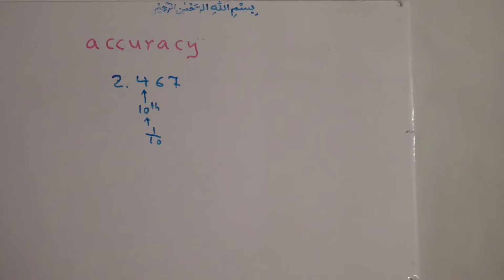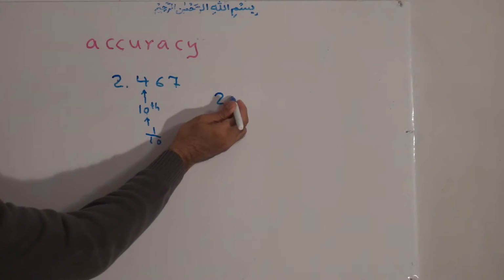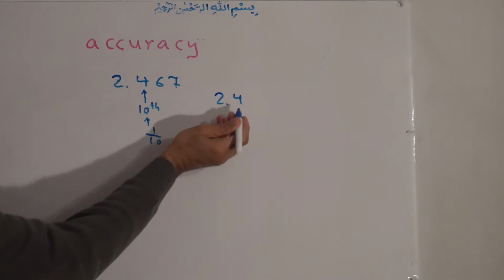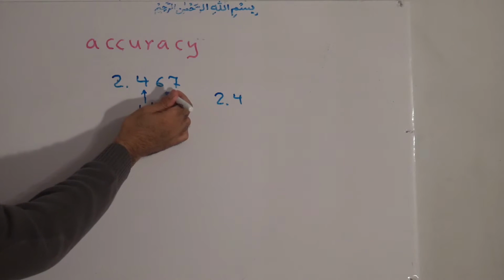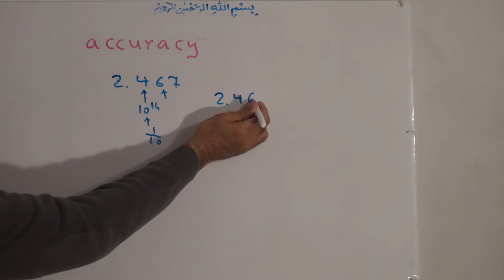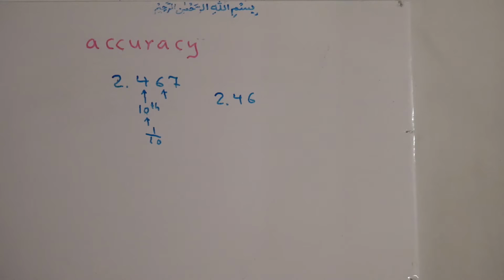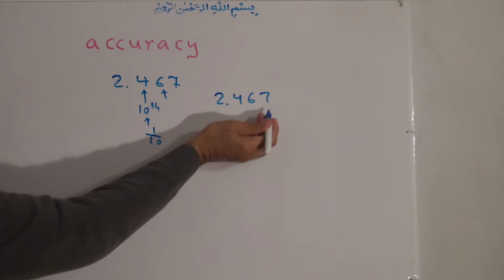If someone asks you to write with the accuracy of 1 digit, or tenths, or 1/10, we write 2.4. If the accuracy is 100, we write 2.46. If the accuracy is 1000, 3 digits.